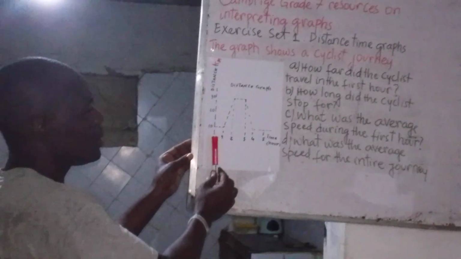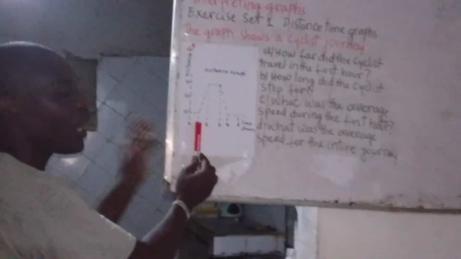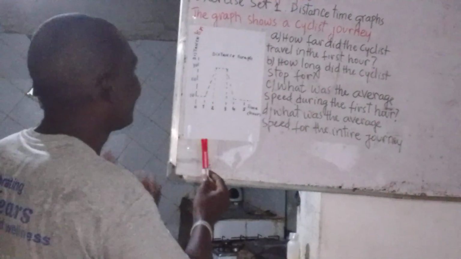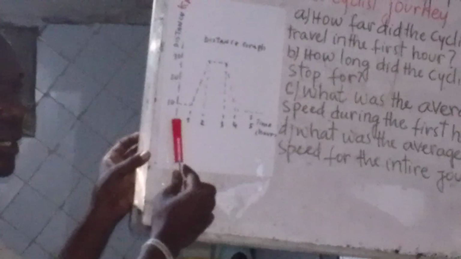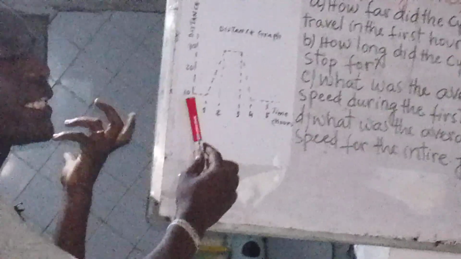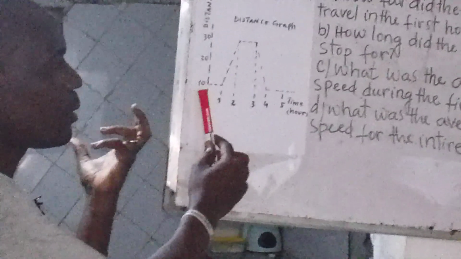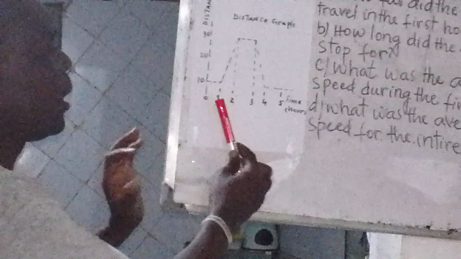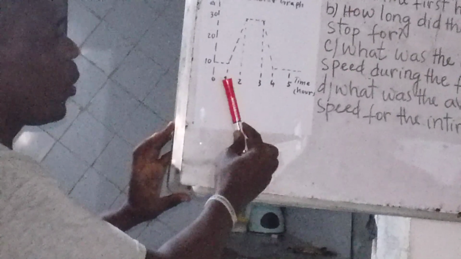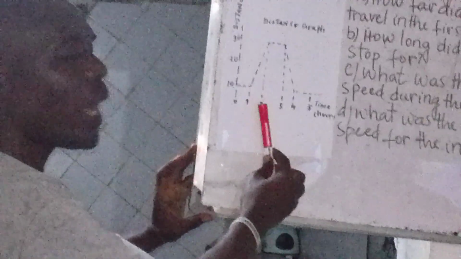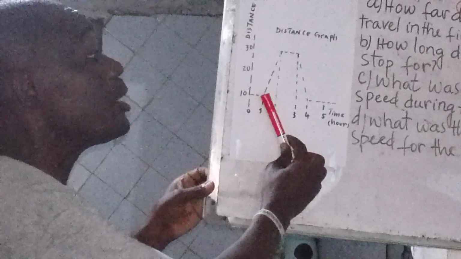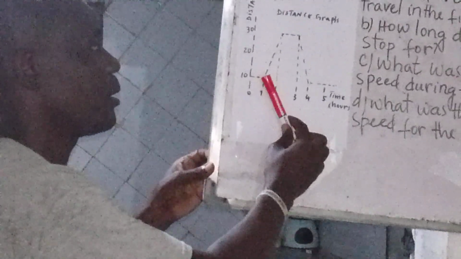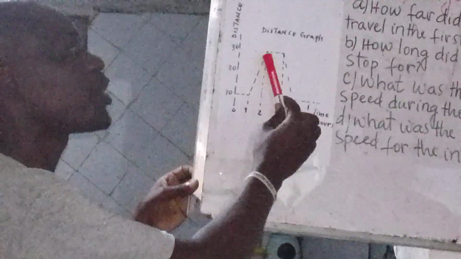From 0 to 1 hour, the distance increases from 0 to 10 kilometers. Okay? Between 1 to 2 hours, the distance increases from 10 up to 30 kilometers.